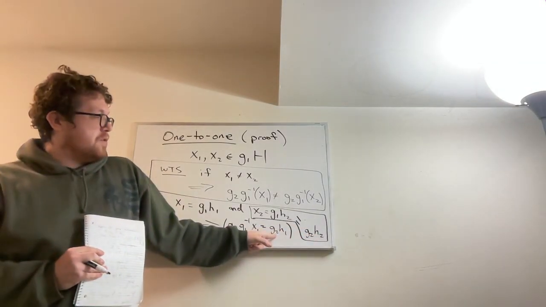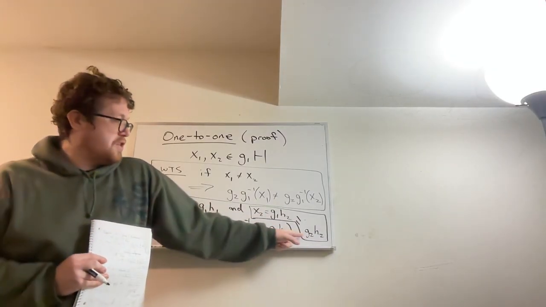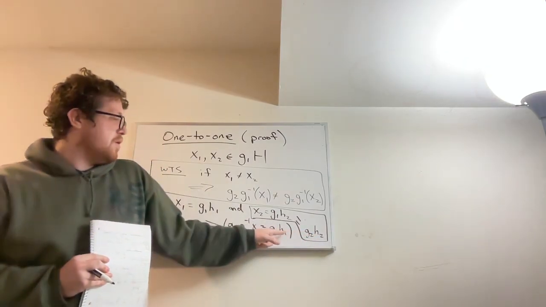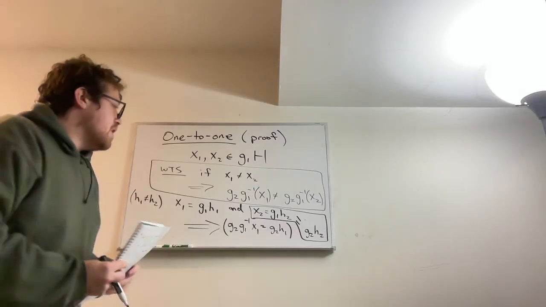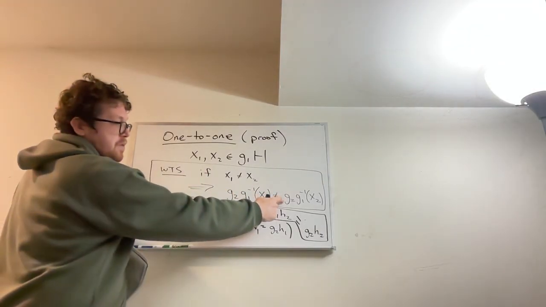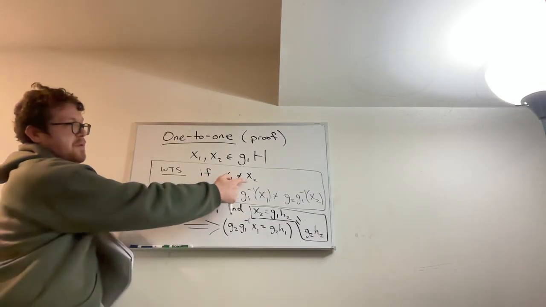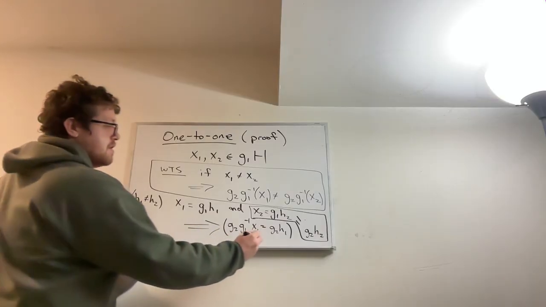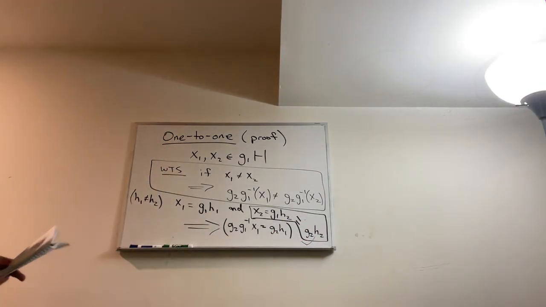Because we can use left cancellation, cancel the G2, and h1 would have to be equal to h2 if these two were equal, but we assumed that h1 and h2 are not equal. So when we send these through the map, the two results are not equal to each other, because if they were, then x1 would have to be equal to x2, but we assumed it wasn't. Okay. So that shows it. It's a little bit messy here because the board's a little bit small.